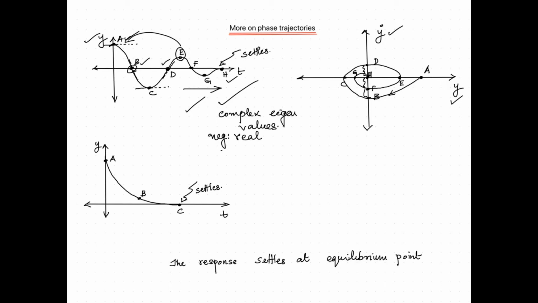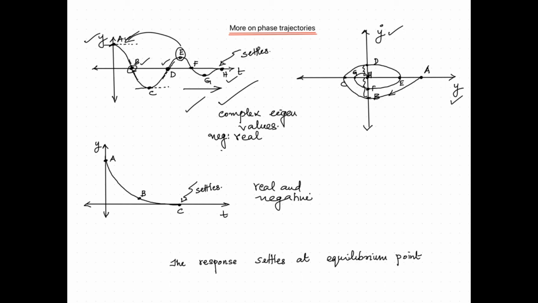That is why the system is settling, or it is a stable one. Let us consider another example wherein the eigenvalues are just real and negative. In this case, there won't be any oscillations for the response. We have only an exponentially decreasing response.